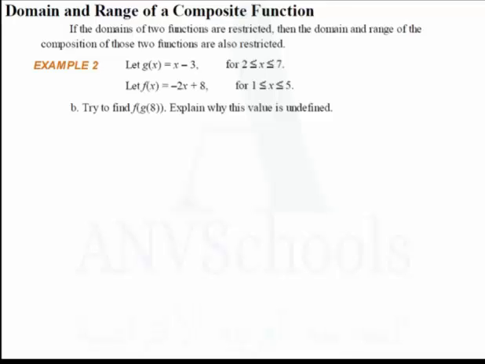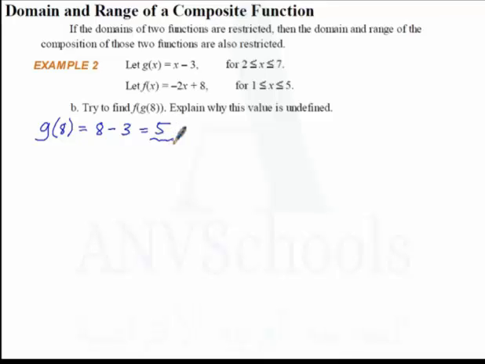Our requirement for letter B is to try to find f of g of 8 and explain why this value is undefined. So going back to the basics, we have g of 8. Our g of 8 is equal to x minus 3, that's 8 minus 3, which is equal to 5. Take note, it's 5.